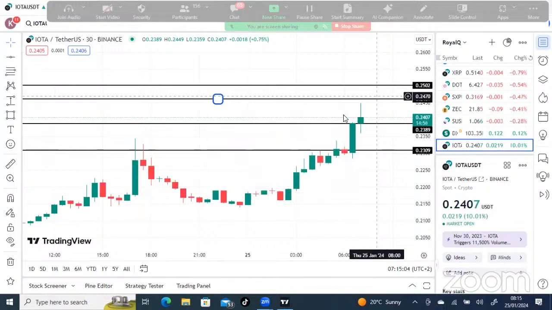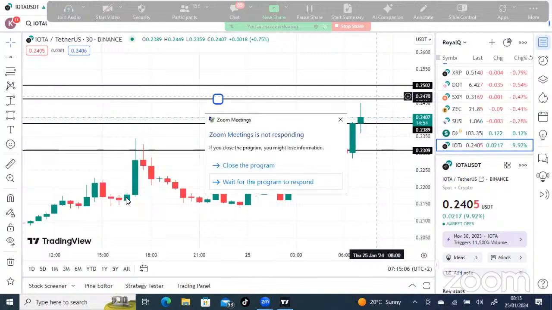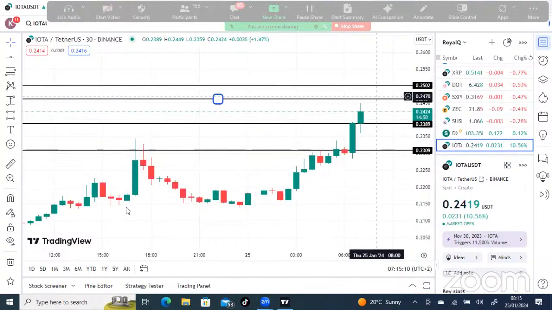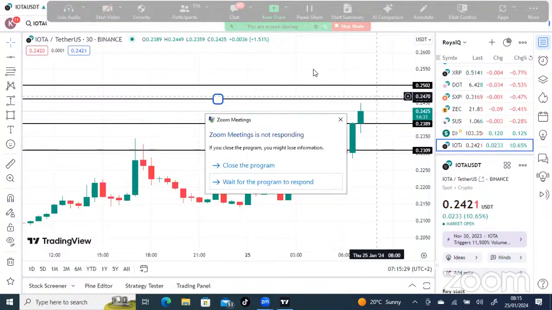The challenge is that my Zoom is not responding. A current price, you are entering at the current price. A preset price is usually lower than the price I'm entering. For example, if I look at this trade, my Zoom is not responding.